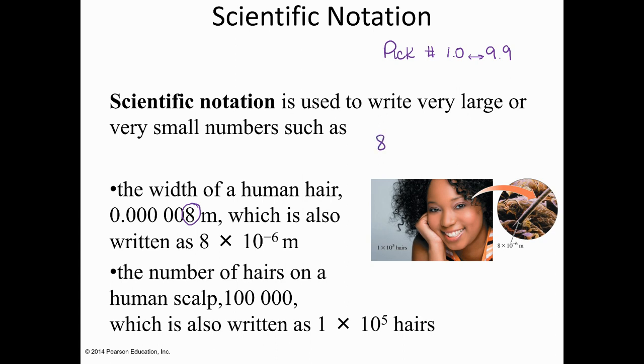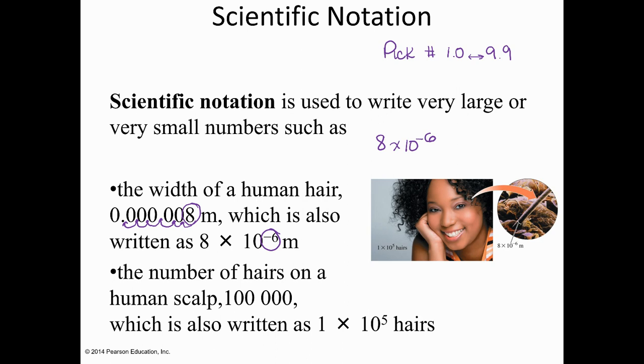So there's our 8. And then we're going to count how many places we go to the end of the number. So 1, 2, 3, 4, 5, 6. So then that's our exponent. Now, the fact that this is a very small number means that the exponent is negative.